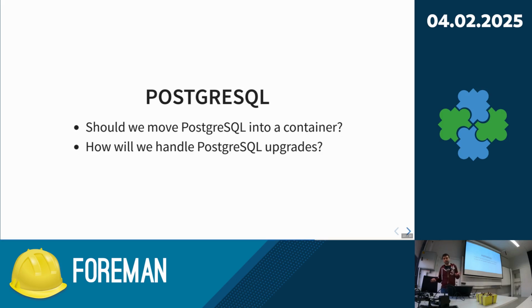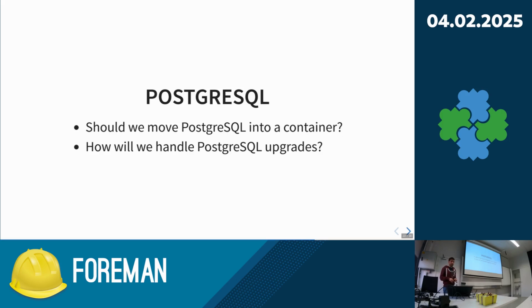Luckily or unluckily, RHEL ships with lots of tooling for PostgreSQL upgrades and stuff like this. And I have so far not found good documentation on how to do the same things in containers. So on Debian, on RHEL, I know how to do the upgrades from PostgreSQL versions. In containers, I do not. And Postgres is a bit tricky in upgrades. So we will have to figure that out.